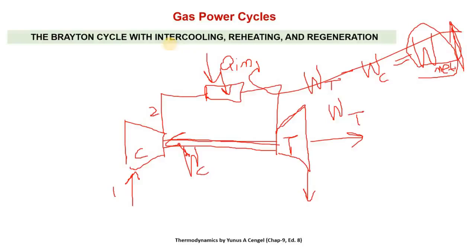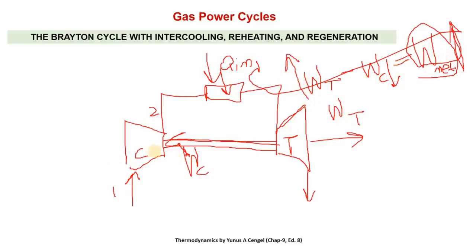That is the process called intercooling and reheating, which will be used to increase this net work output. Now how can it be increased? Either we can decrease the work of the compressor, because by decreasing it, net work output will increase since WT minus WC is the net work output, or by increasing the work of the turbine.